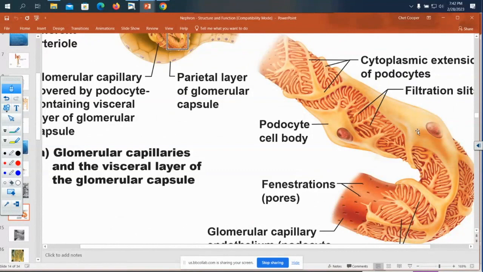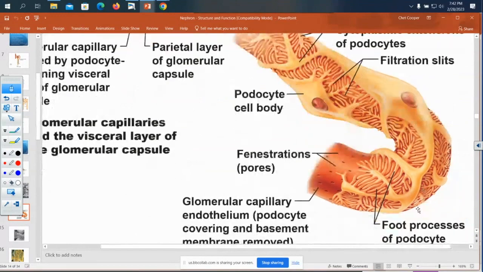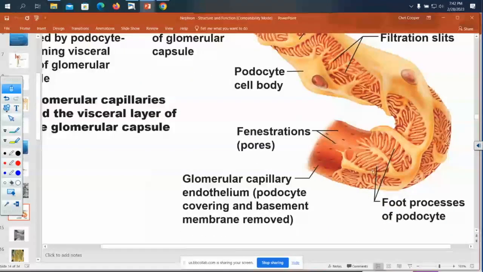And some silly scientist said, see where it interlocks there, like your fingers? That's not fingers, those are feet. So, you know, scientists are weird. So anyway, they call those little parts foot processes.